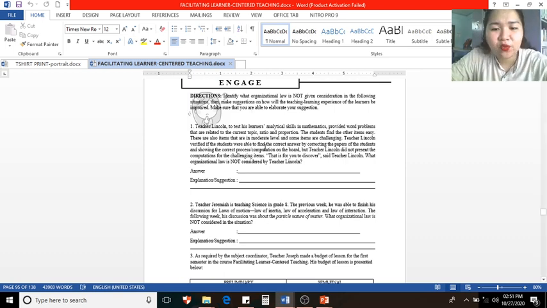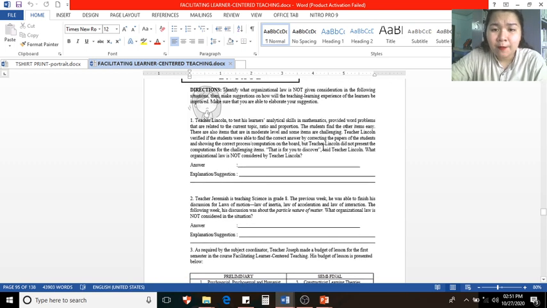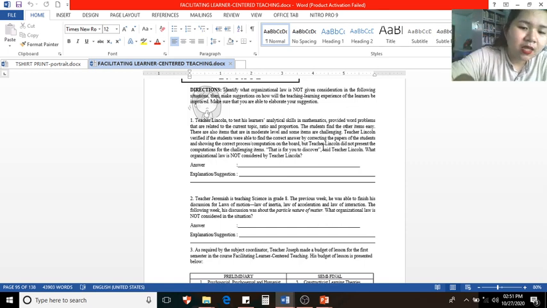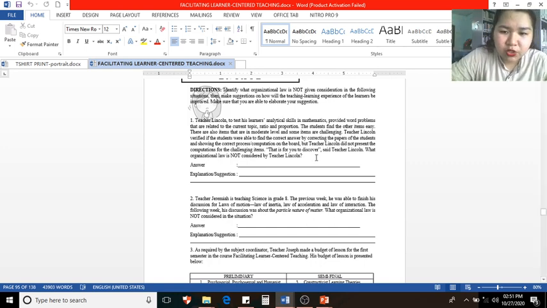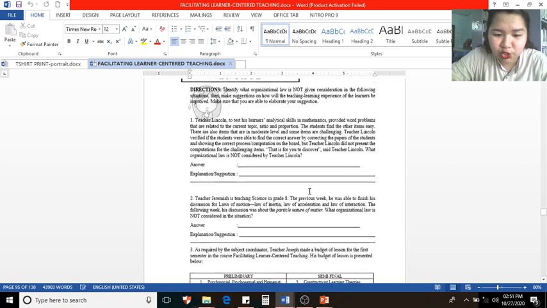Then, you identify what organizational law is not given the consideration. Then, make suggestions on how will the teaching learning experience of the learners be improved. So, after ninyo ma-identify what organizational law is not given the consideration, you explain, then you give suggestions. Make sure that you are able to elaborate your suggestion.